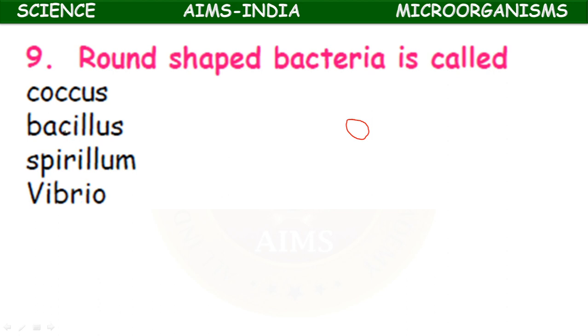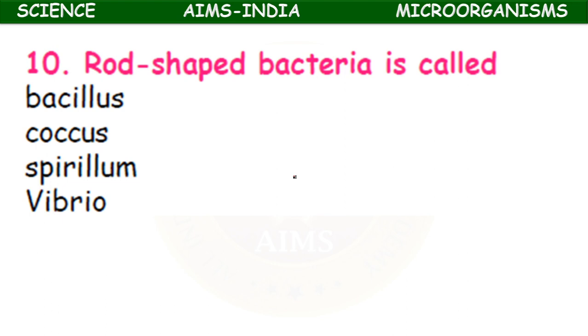Okay, here the Coccus are the round shaped bacteria, Bacillus are rod shaped bacteria, and Spirillum means they are spiral in shape, and Vibrio means they are comma shaped bacteria. So round shaped bacteria are Coccus. Cocci means plural, Coccus means singular.